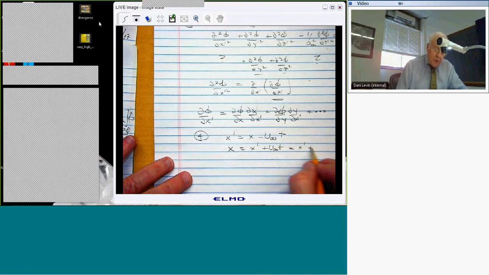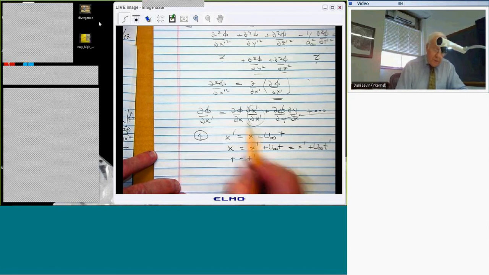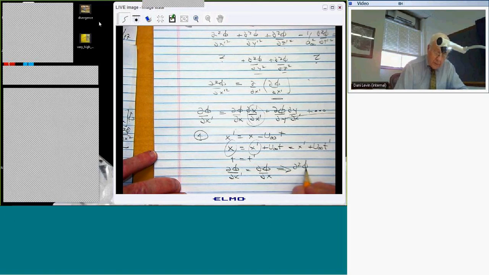So what do we have? And t, of course, is t prime. You don't get anything but ones of these. And from this one, partial x with respect to x prime is 1. Right? So partial phi with respect to x prime is the same as partial phi with respect to x. And therefore, the second derivative is also.